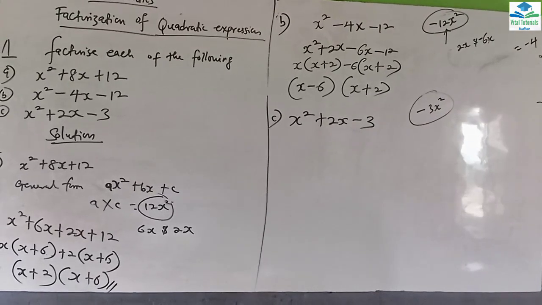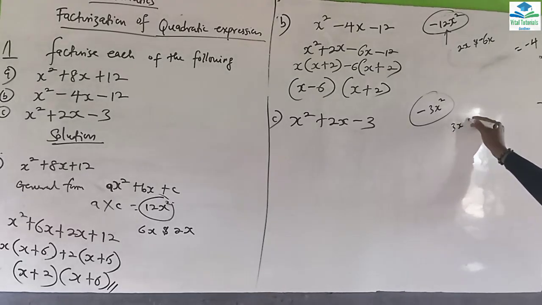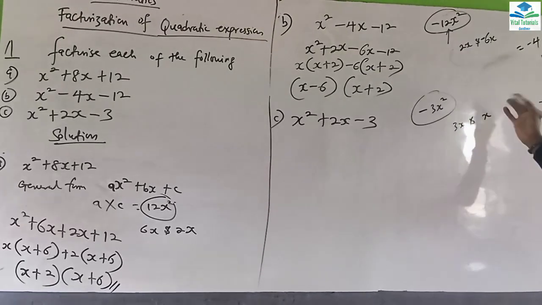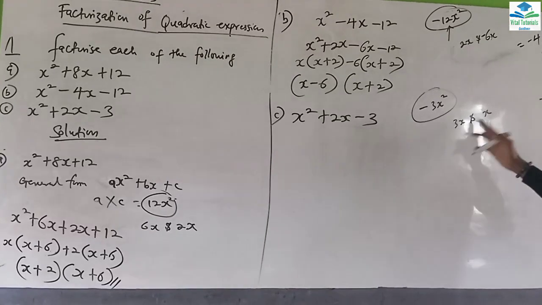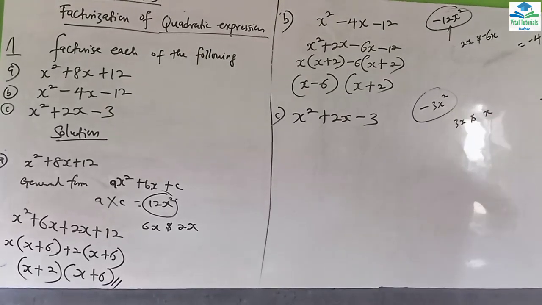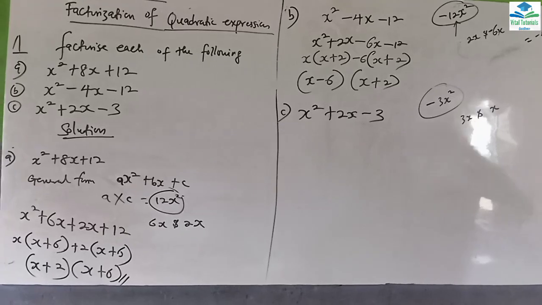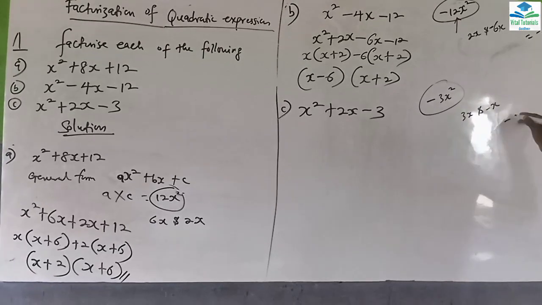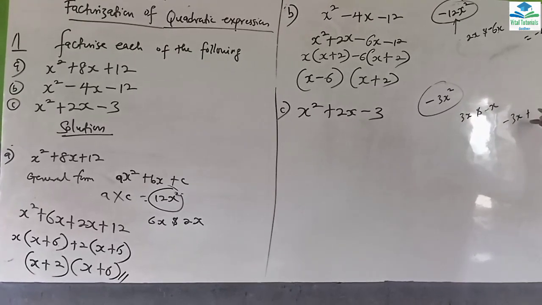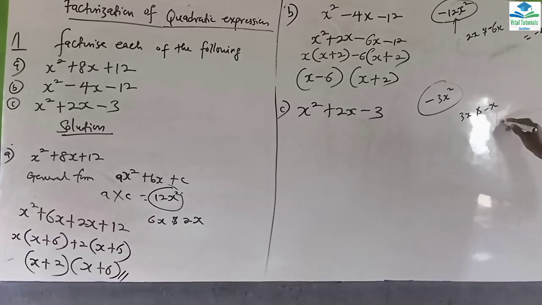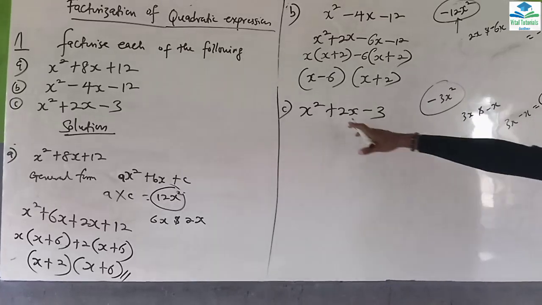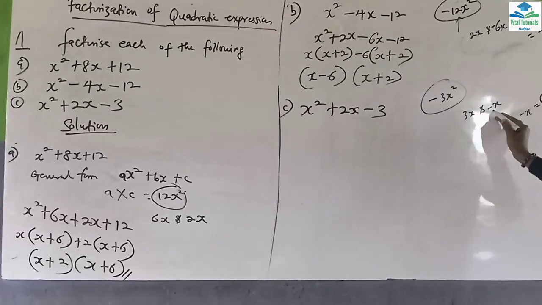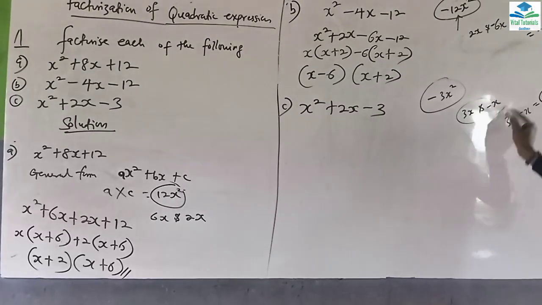I think those two numbers should be 3x and x. x is written as 1x, but don't write the 1. If you multiply these two, you get this. But how about the sign? You need to put the sign somewhere. The sign is going to be here, because minus 3x plus x will give you minus 2, which is not correct. Instead, 3x minus x will give you positive 2, which is this. And if you multiply this and this, you get this. So these are the two numbers we are going to pick.